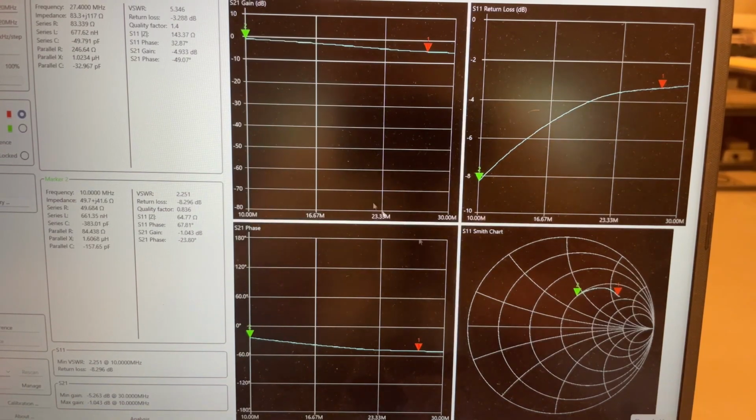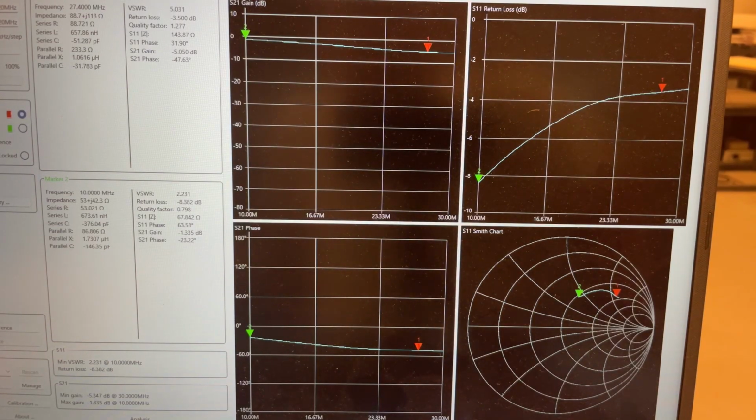Okay, and we're going to go ahead and sweep this. And I'm getting about -5 dB. So remember, there's two transformers, so you would divide that in half, so it's 2.5, rounded off. So what we have to do here is tune it.